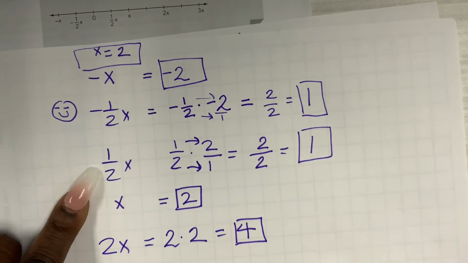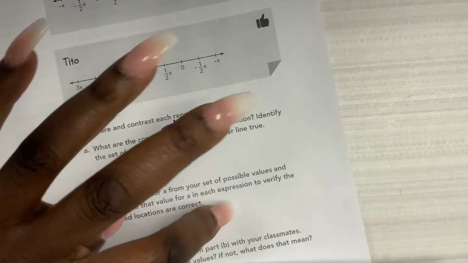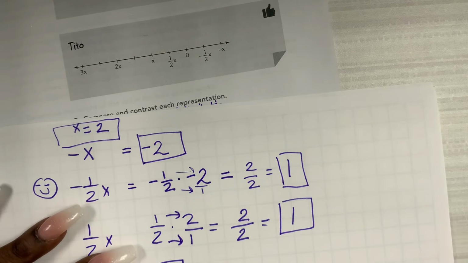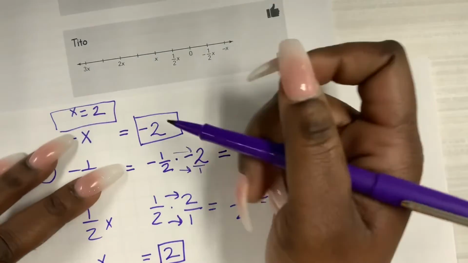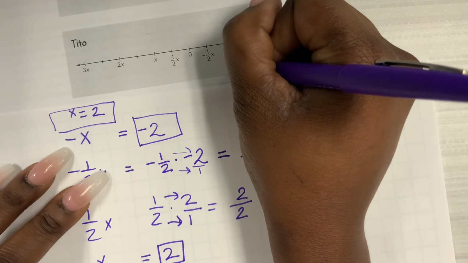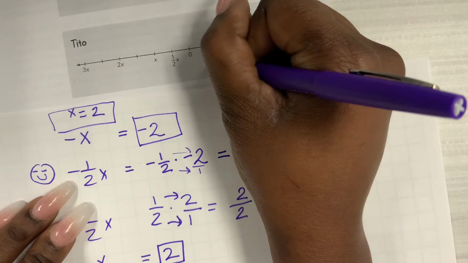So now that I have all these values, I want to go back up here. You get your values and put them underneath whichever number line you think is correct, or you can put them under both of them. For negative x, I got negative 2. For negative 1/2 x, I got 1.